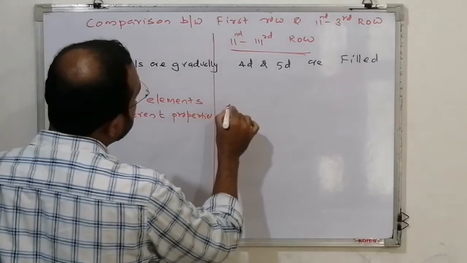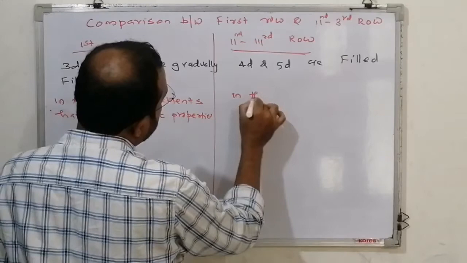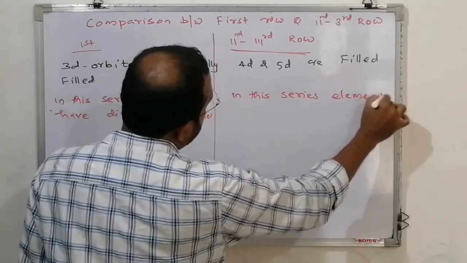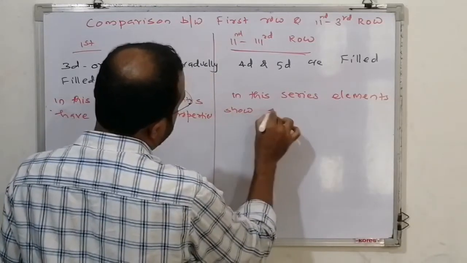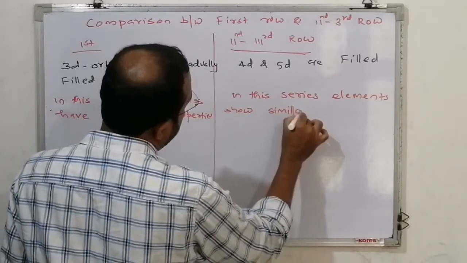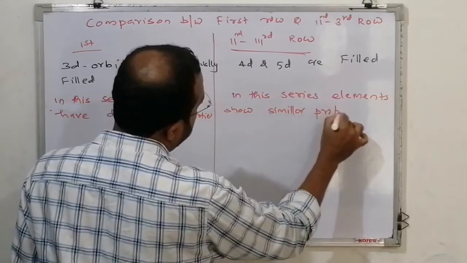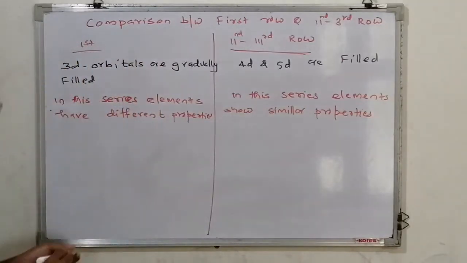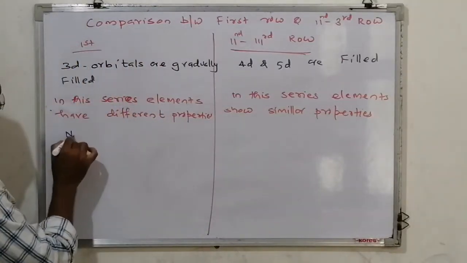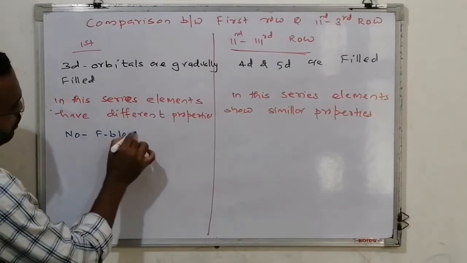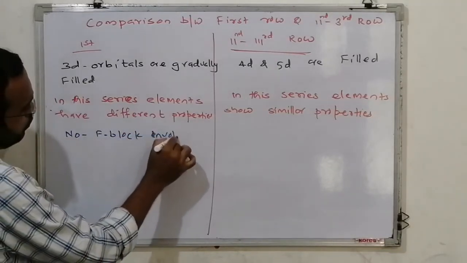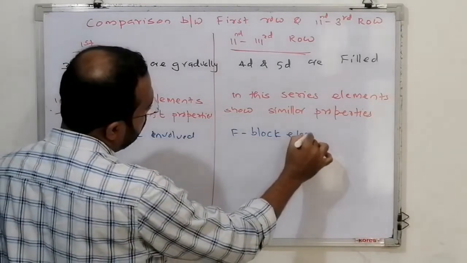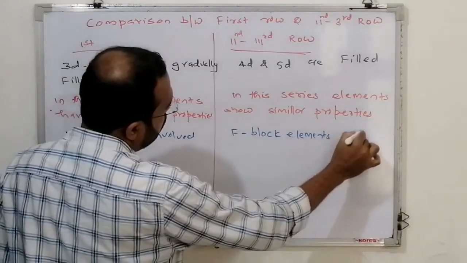but here in this series elements show similar properties. Here no F block is involved, but here F block elements are involved.